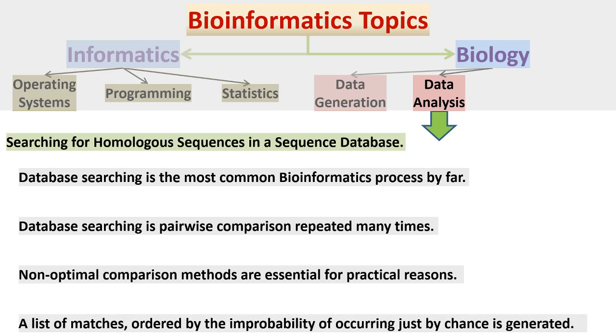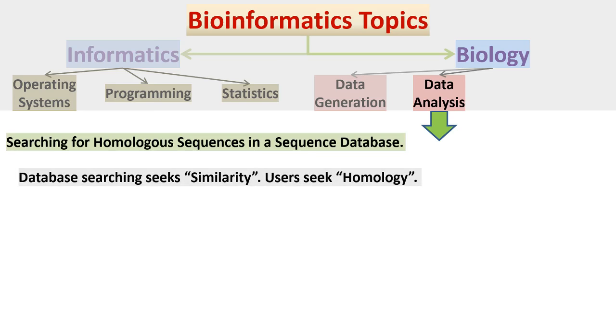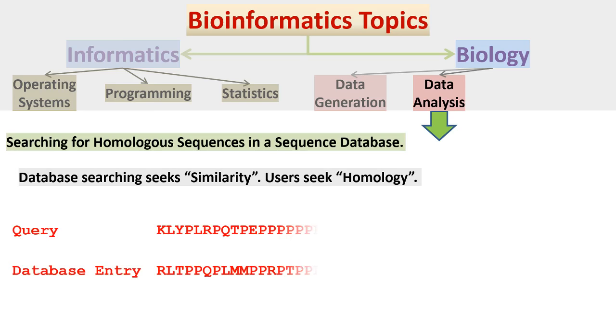It is vital to understand that the computer will seek similar matches, whereas the user typically seeks homologous matches. Not at all the same thing. Two sequences can appear very similar, but represent entities that are very different. Consider a protein example. The query is very similar to the matched database entry.